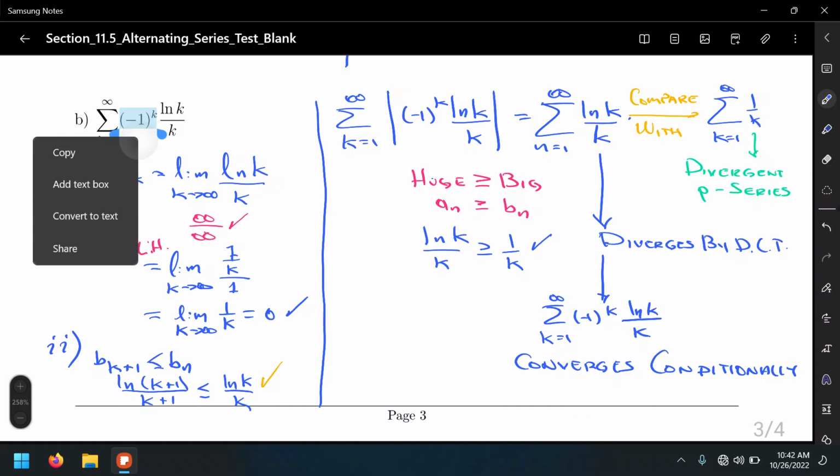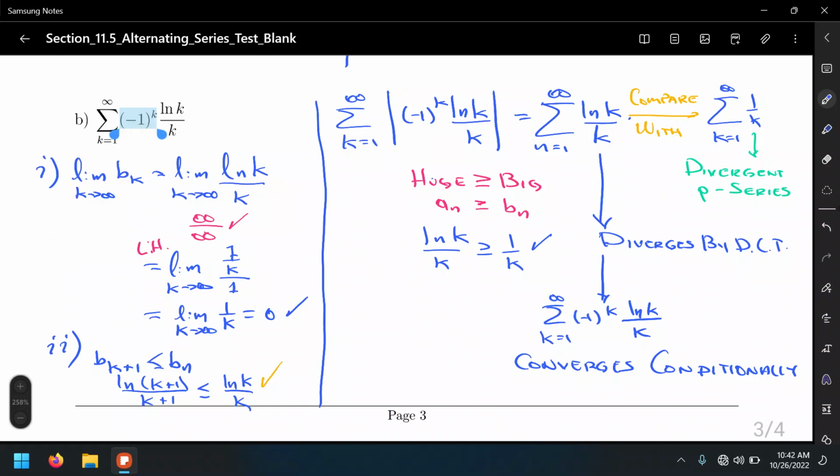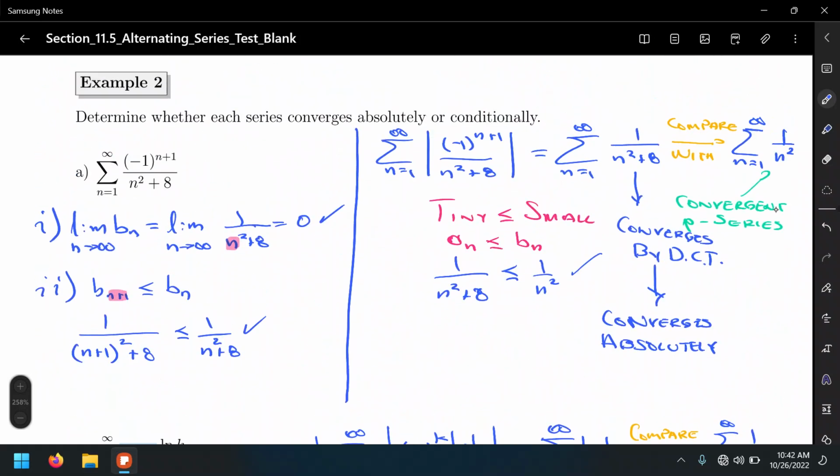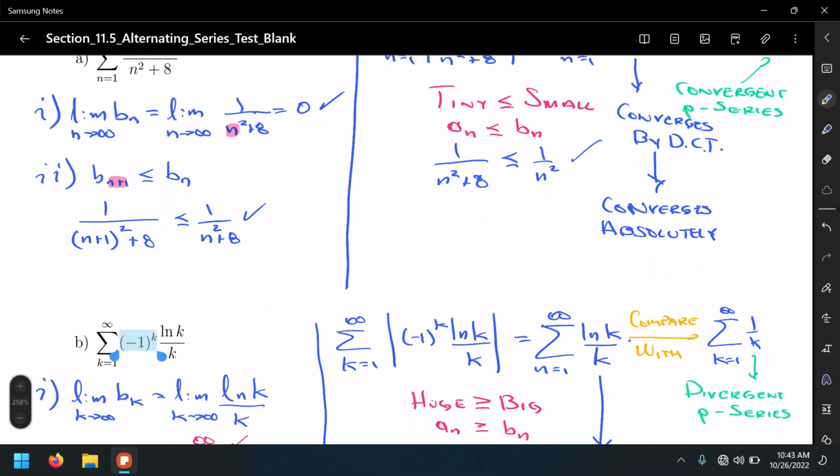If you were to use a convergent series, it would have been like in the previous example, where we compared with 1 over n squared, which is a convergent p series. In this case, we needed to show tiny less than small. It was true, it converges, so the original series converges absolutely. All right.